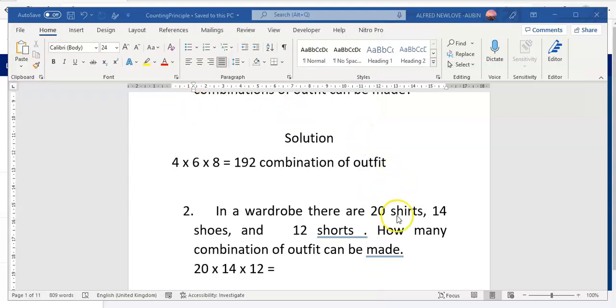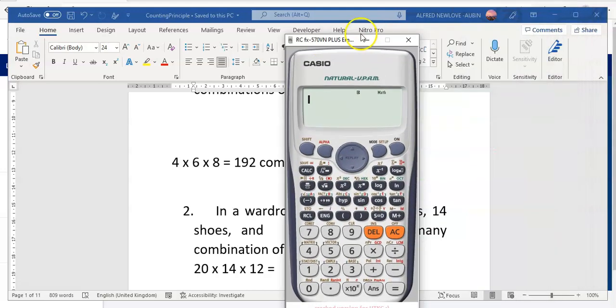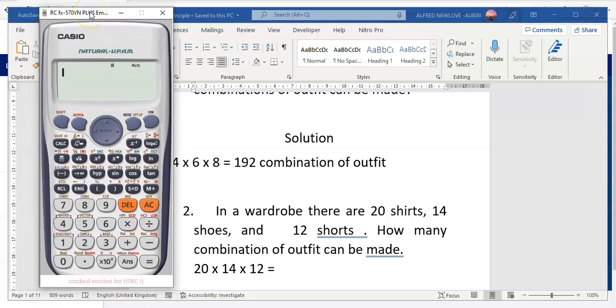During your trials, when you are solving questions like this, don't rush. Don't think it's easy so you rush. Take your time, get it correct. Alright, every mark counts.